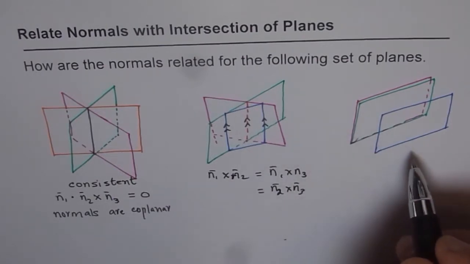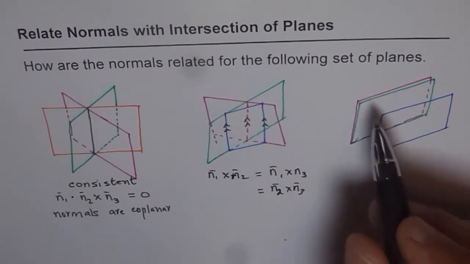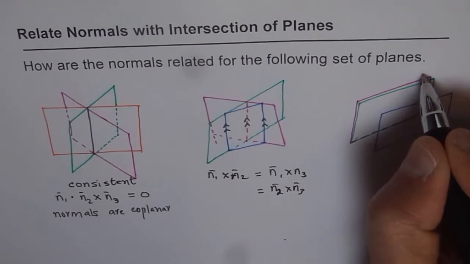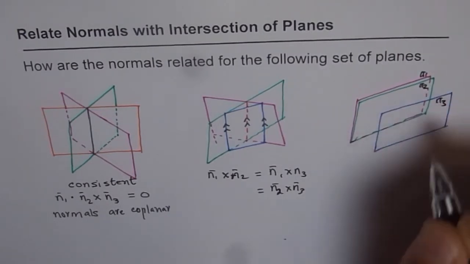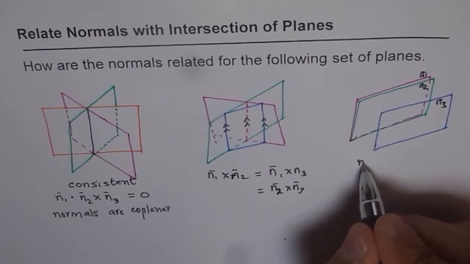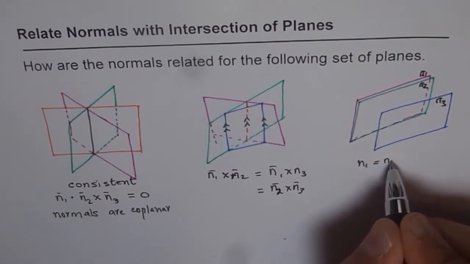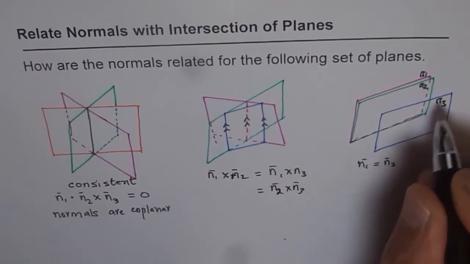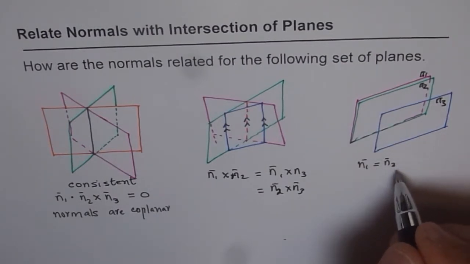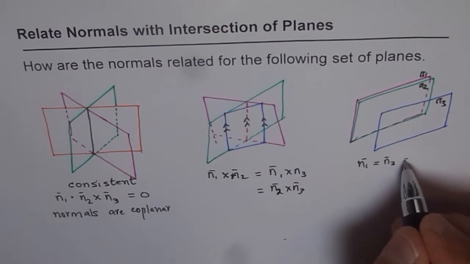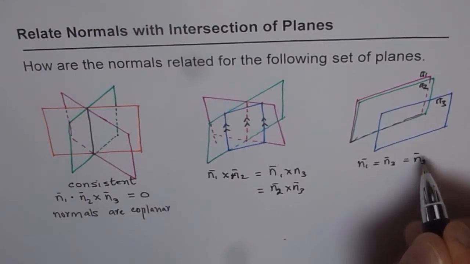Now here we have a different scenario. We have two overlapping planes. Let's say this is our pi 1, this is pi 2, and pi 3. In that case, of course, n1 equals n2, and since they are parallel, they are scalar multiples. So when you reduce them, you can say n1 equals n2 equals n3.